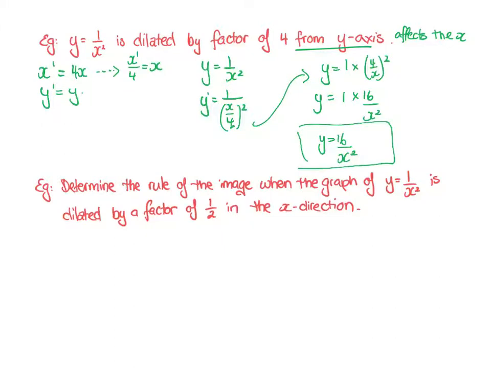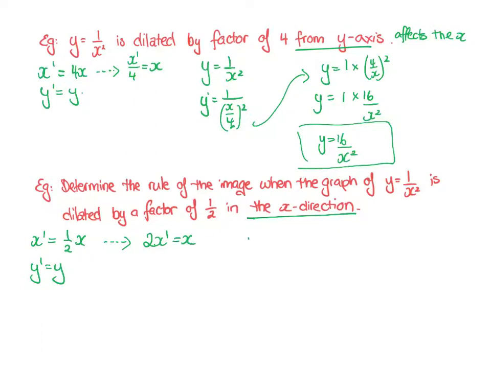Alright, let's do the next one. Determine the rule of the image when the graph of y equals 1 over x is dilated by a factor of half in the direction of x. It's just another way of saying it, but when we say in the direction of x, it means the x gets the effect. So the image x is half the normal x, and y remains the same. If I rearrange that, 2 times that equals the original.